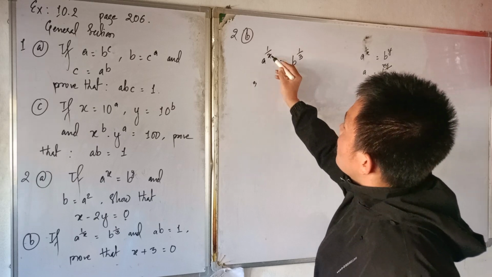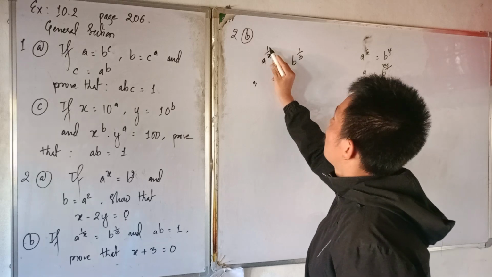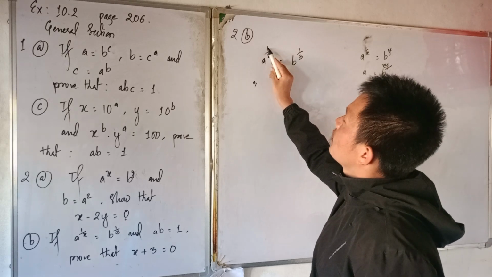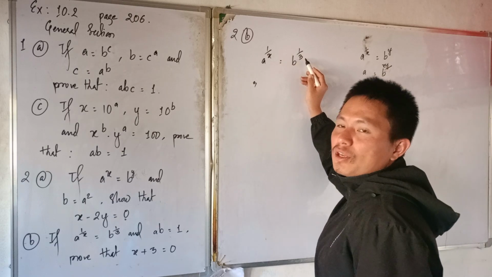The power of x is in the denominator, not in the numerator. If it was in the numerator, it would go into the denominator of the other side's variable's power.